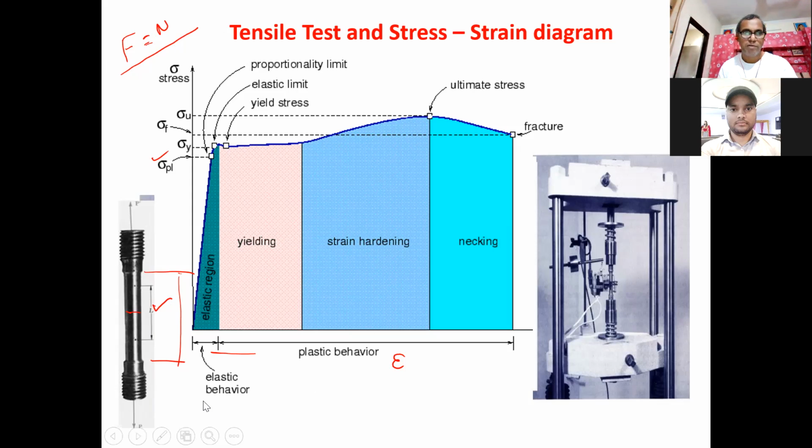ओके, तो we will plot this value as per this axis. ओके, this is the y axis, and whatever the change in length will be there, that will be by the help of delta L upon L, where this L is the original length, this one.